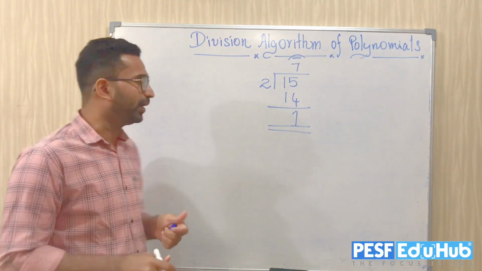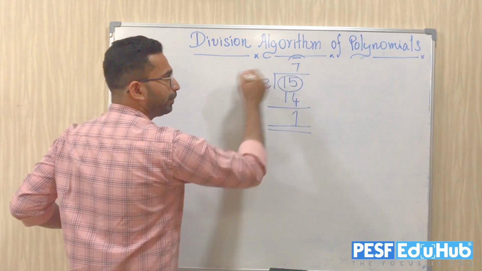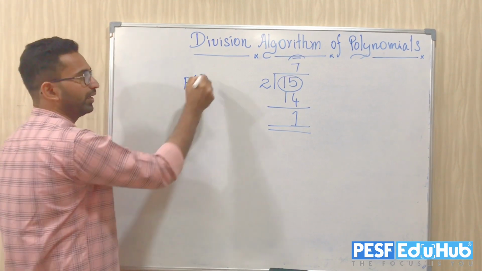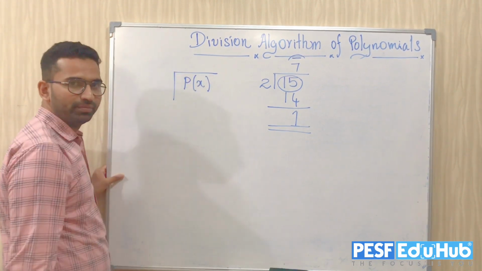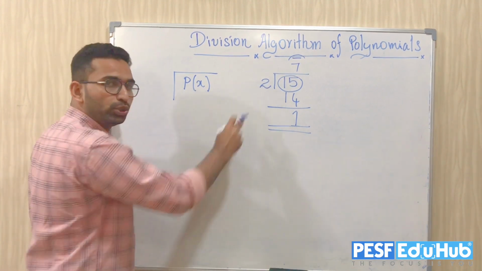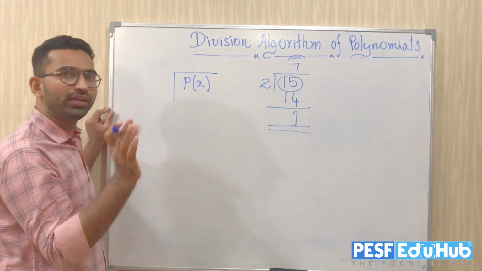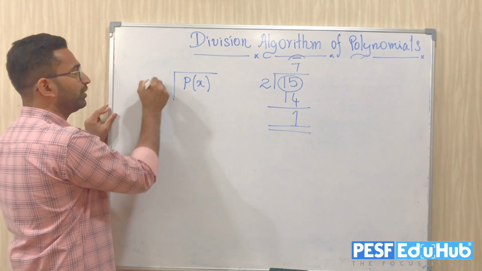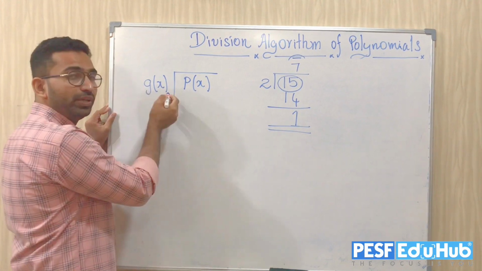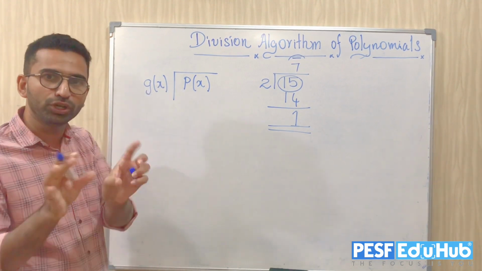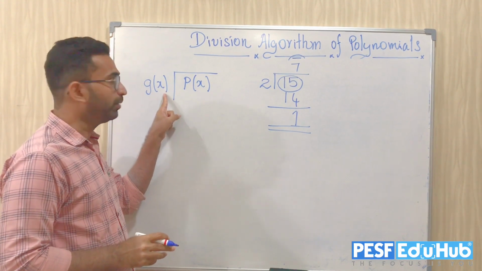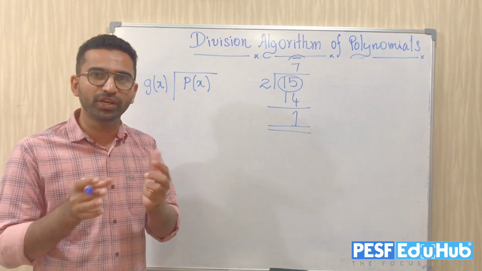Instead of this 15, I am going to write P of X. That means there will be a polynomial that you have to divide with another polynomial. There is a number 2 here, right? Instead of a number, you will have another polynomial, and generally we call it G of X. That is a polynomial itself, and this will be in the variable X. P of X means that is another polynomial in X.